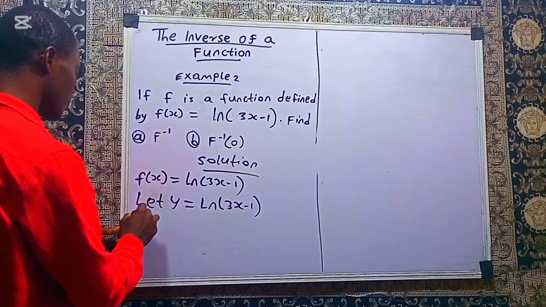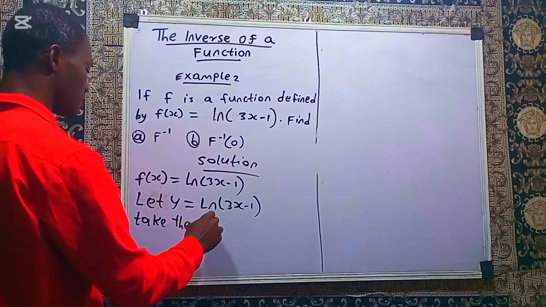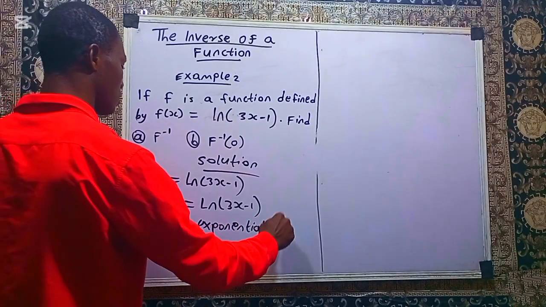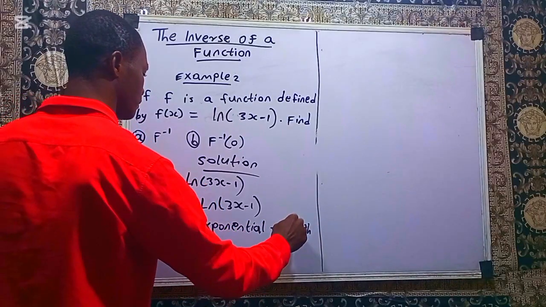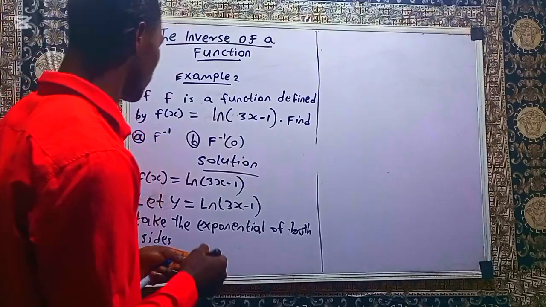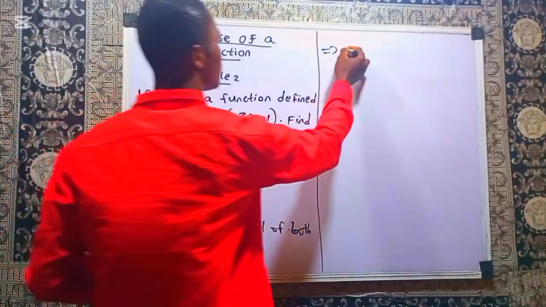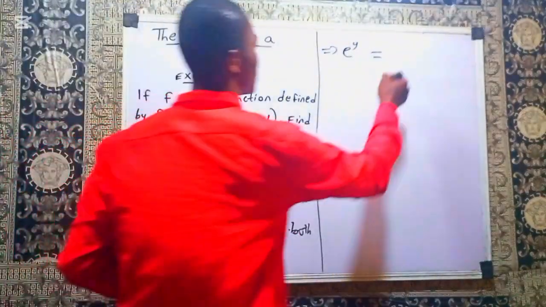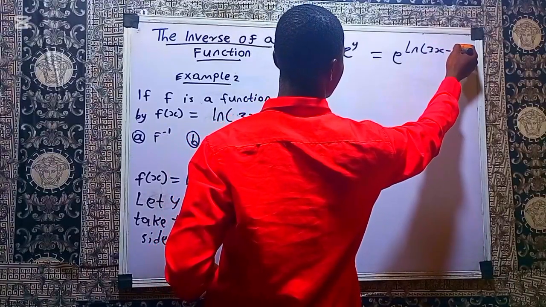So we take the exponential of both sides, which implies exponential y will be equal to exponential ln of 3x minus 1.